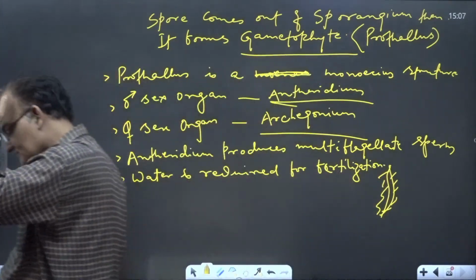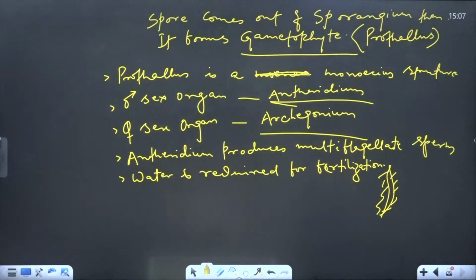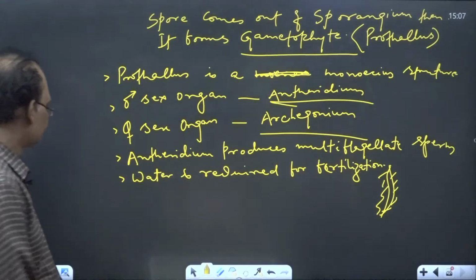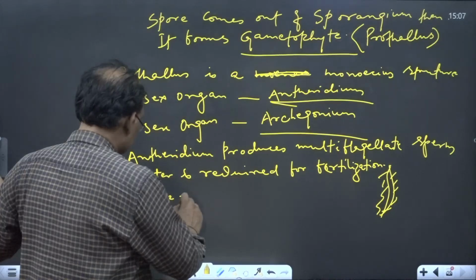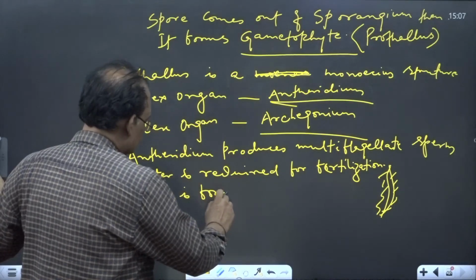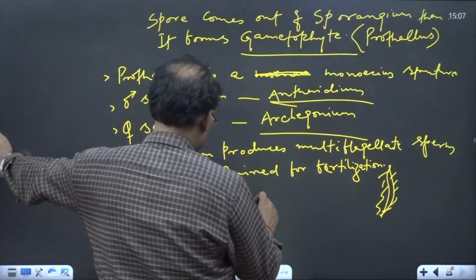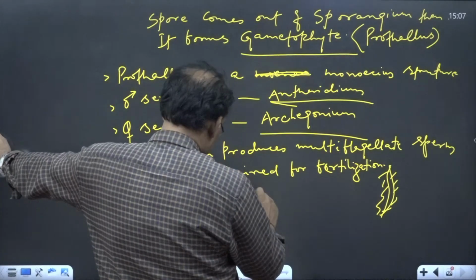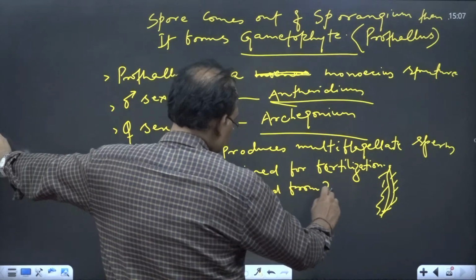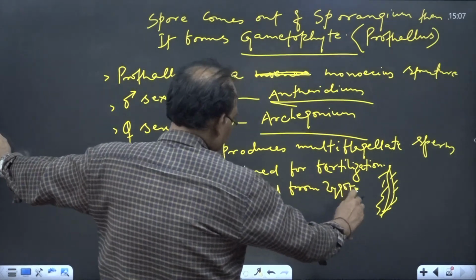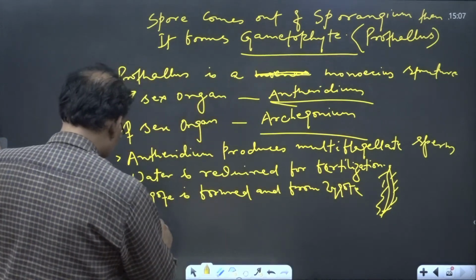So after fertilization, what will happen? Zygote is formed. And from zygote, embryo is formed.